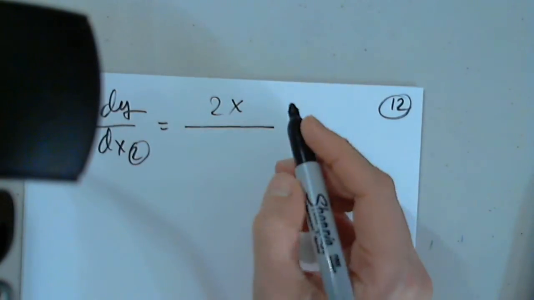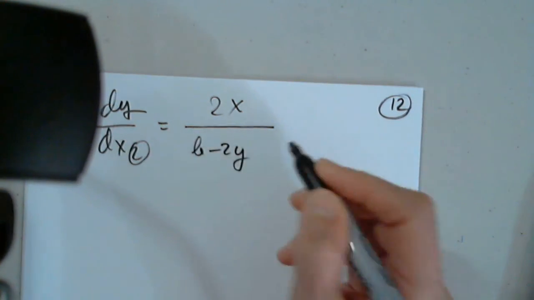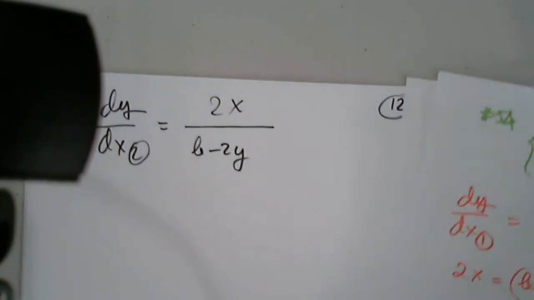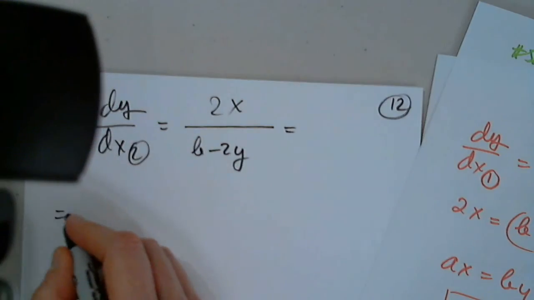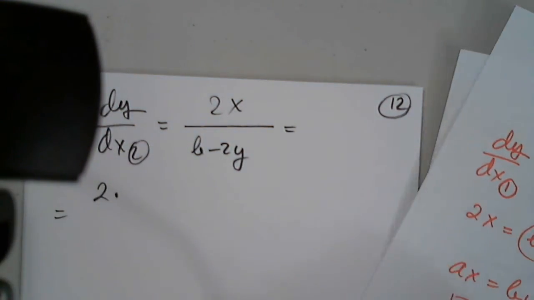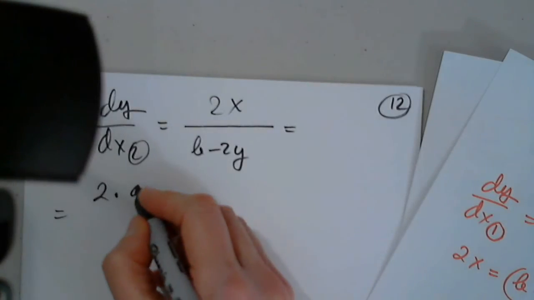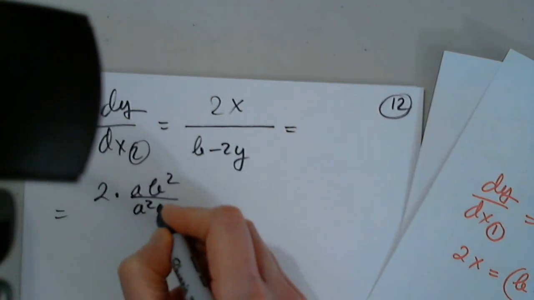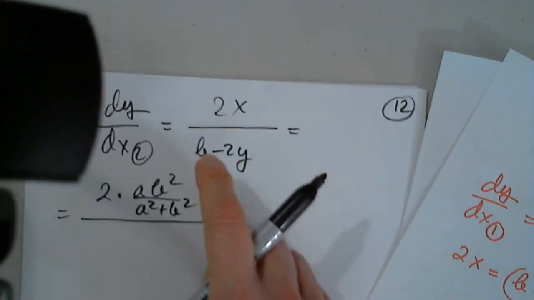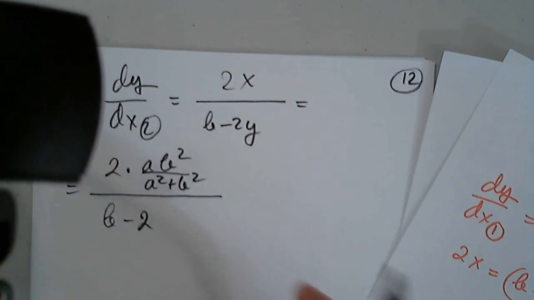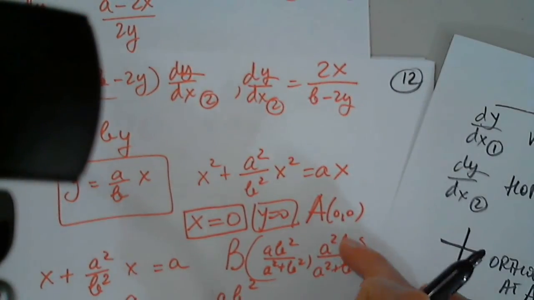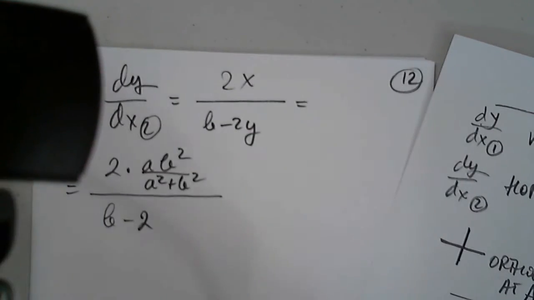It's 2x over b minus 2y. Okay, and here I have to plug in 2 times x. What was x? ab squared over a squared plus b squared. b minus 2, and what was y? a squared b over a squared plus b squared.